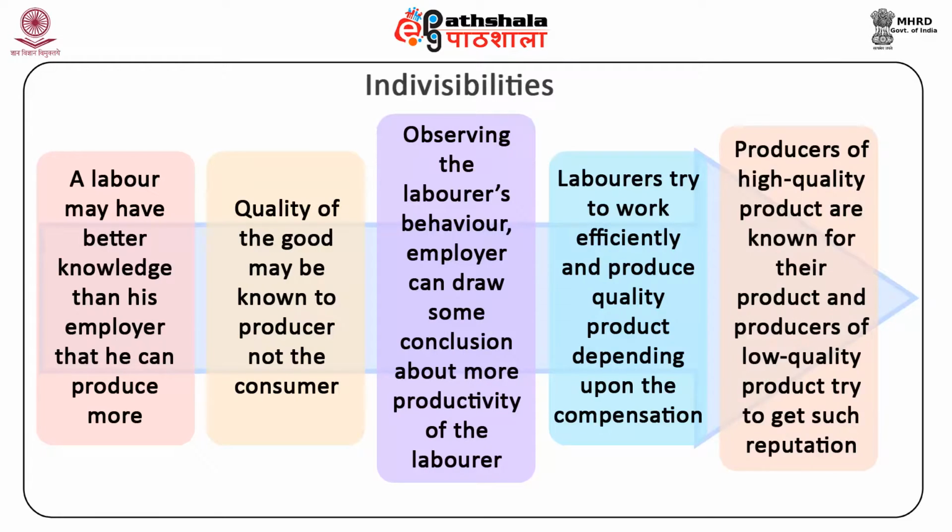Similarly, producers of high quality product are known for their product and producers of low quality product try to get such reputation. The strategic interaction of economic agents is associated with study of behavior under asymmetric information. Thus, in order to study the behavior under asymmetry, we need to know how strategically economic agents are interacting with each other.